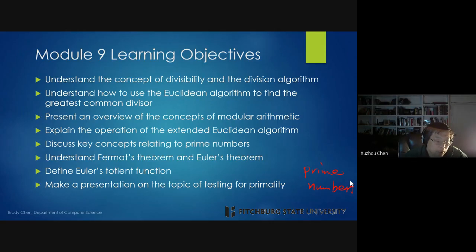So normally we think the smallest prime number, we all talk about the positive number, the smallest prime number is actually 2.